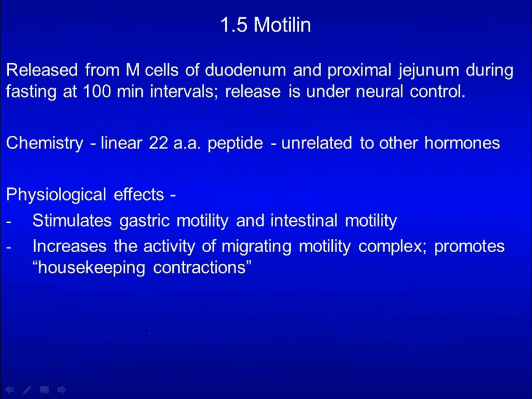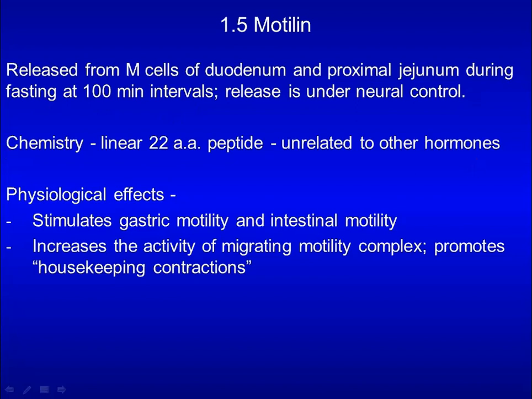The fifth hormone is motilin. It is released from M cells of the duodenum and proximal jejunum during fasting at 100-minute intervals. The release of motilin is under neural control. It is a 22 amino acid peptide. It is unrelated to any other gastrointestinal hormones.